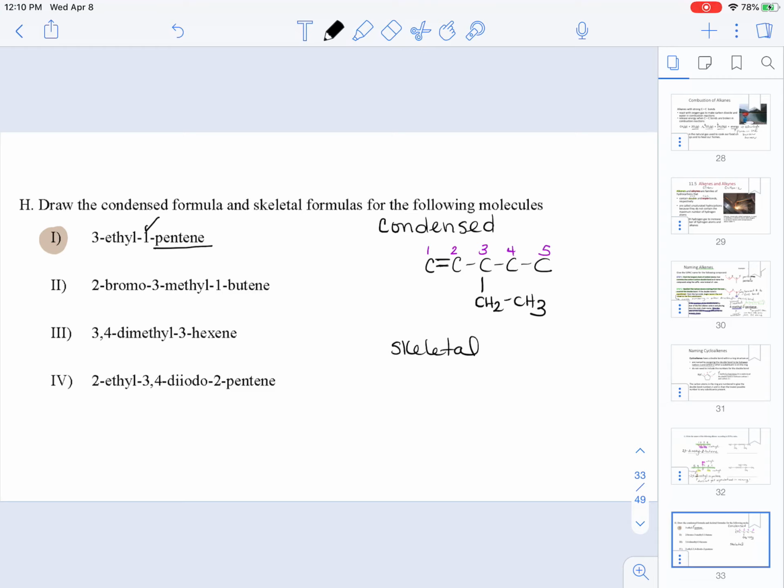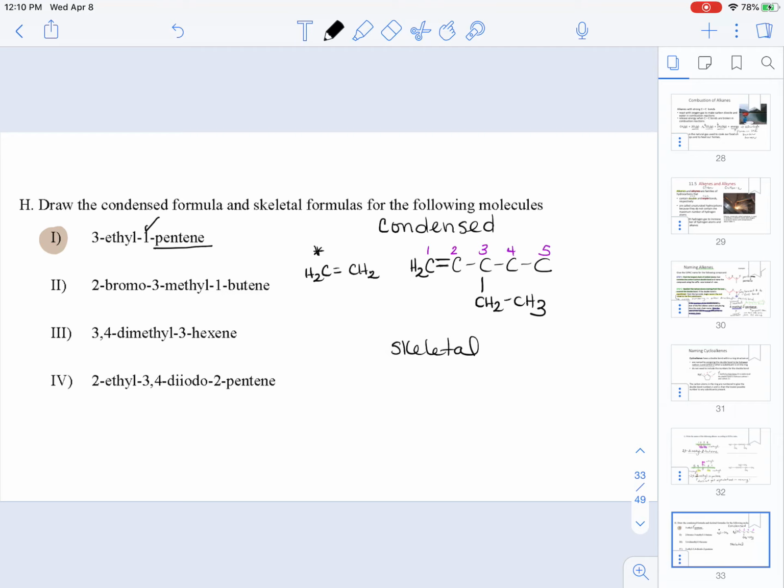Carbon number 1 has 2 bonds, so it needs 2 more with hydrogen in order to complete its octet. Remember, CH2 is the same thing as H2C. That is just illustrating in terms of space that those hydrogens belong to that carbon.